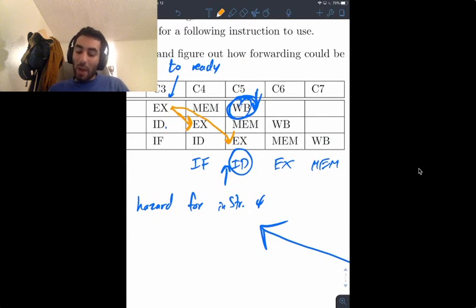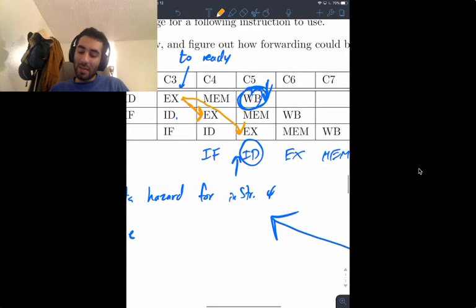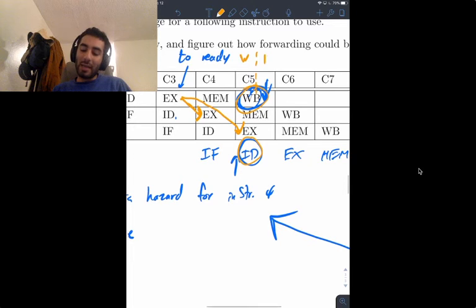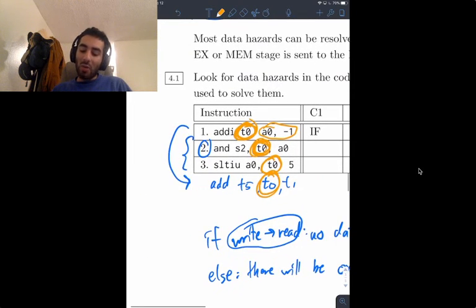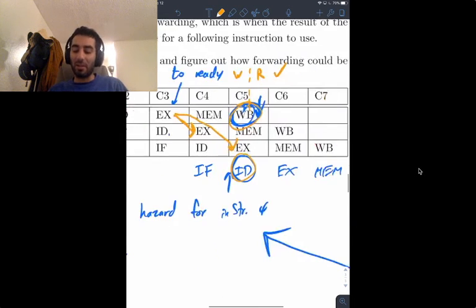In the case where I'm attempting to read from T0 and write to T0 at the same exact time, whether my behavior is correct is contingent on which one goes first. If the write-back stage goes first, as in you could split up this cycle into two, if it's a write and then a read, then everything's good. Because this add will write to T0, and then this add instruction will read the correct value of T0.